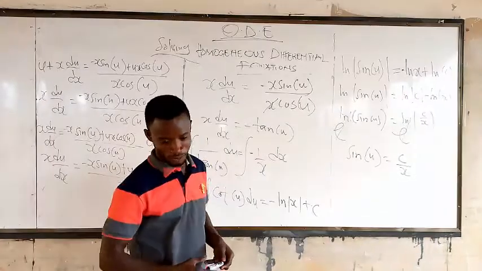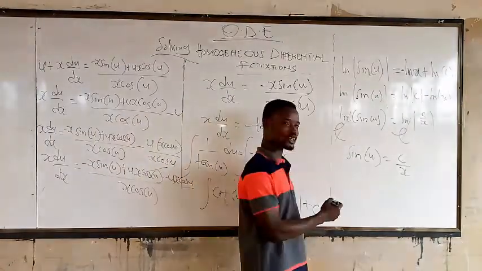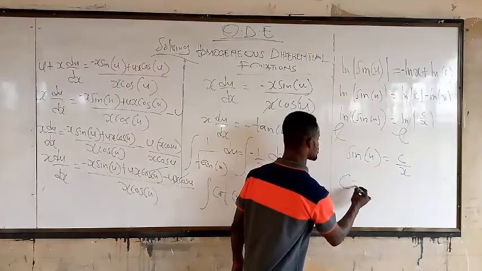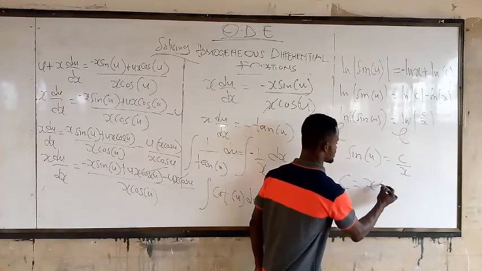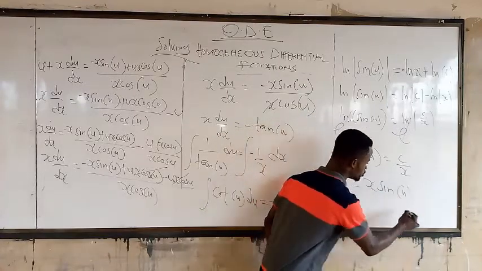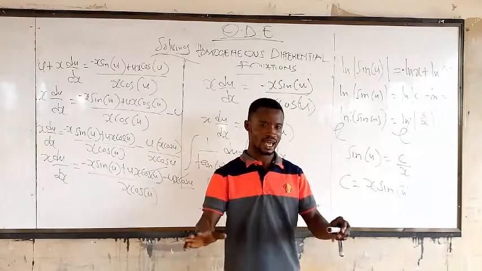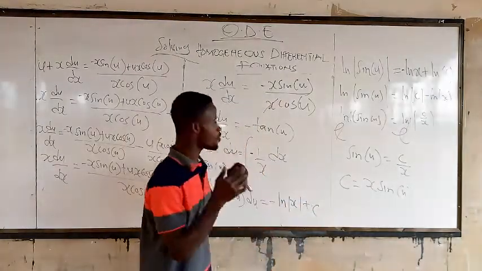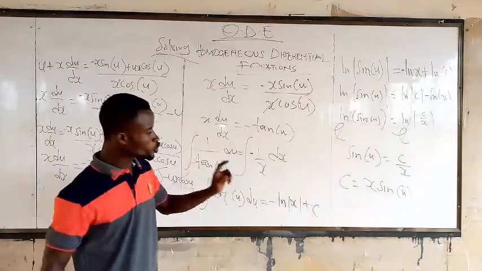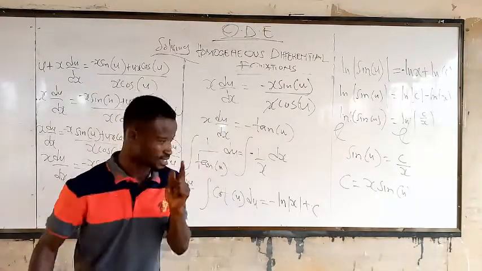And therefore, we can say that by cross multiplication, c is equal to x sine u. Oh, we are done, but we are not done. Now we know that u is equal to y over x. Don't forget that.